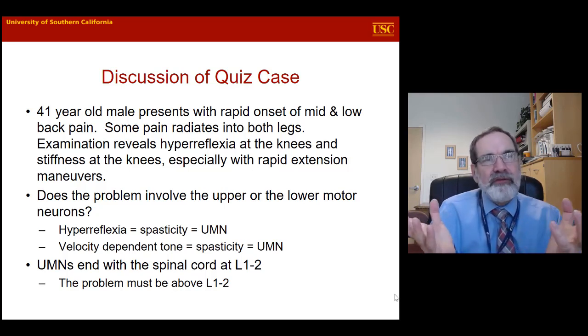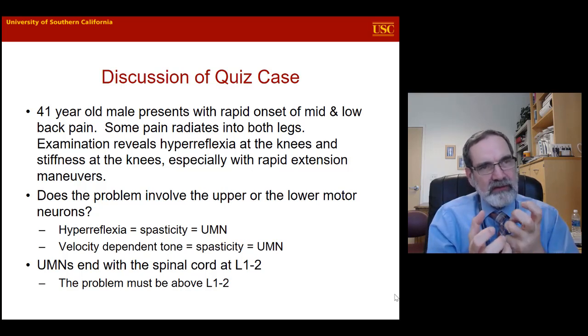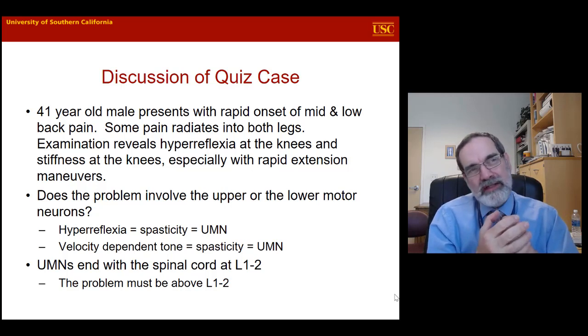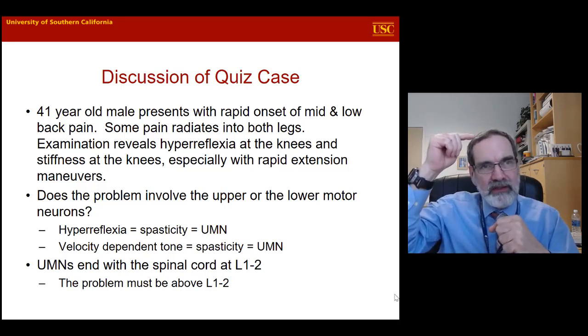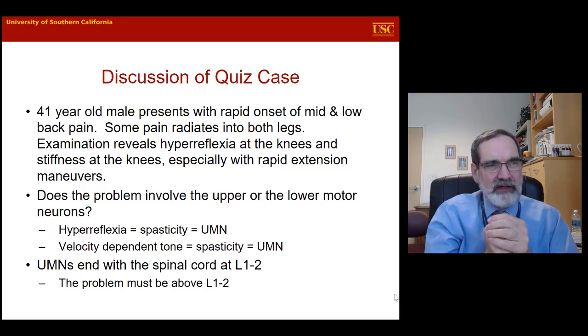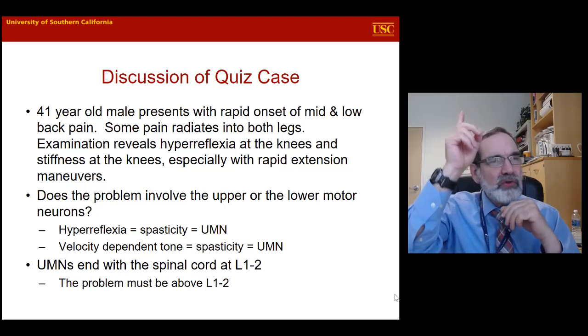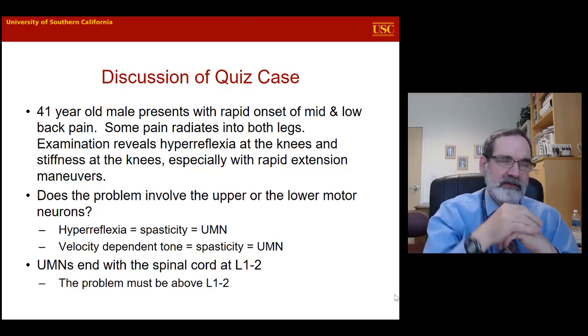An L4-5 herniated disc cannot cause true spasticity. Why not? Because if it herniates into the spinal canal, there's no spinal cord down there. The spinal cord ended up at L1, L2. It's at L4-5 when a disc herniates and it's pressing on nerve tissue, it's pressing on nerve roots that left the spinal cord several levels higher.